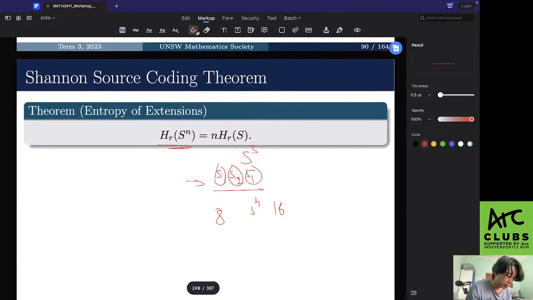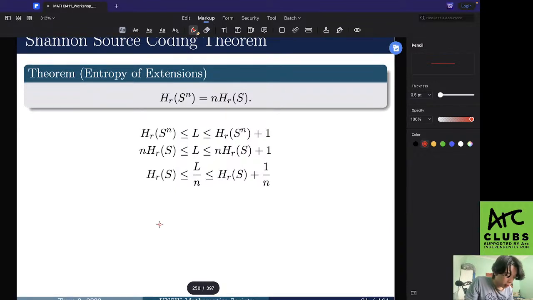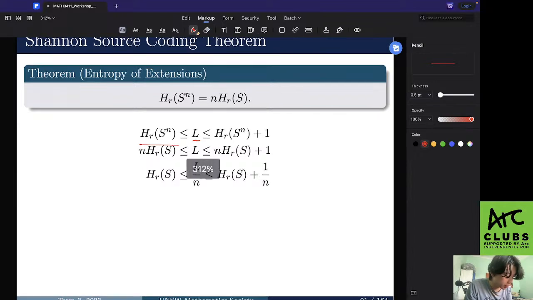So to simplify this, we have a formula where it just says if we have the nth extension, then the entropy is the same as n times the entropy of the original code. Now we can use this fact, where we know from our previous slide that the length of Shannon-Fano is going to be greater than the entropy, but less than or equal to the entropy plus 1.